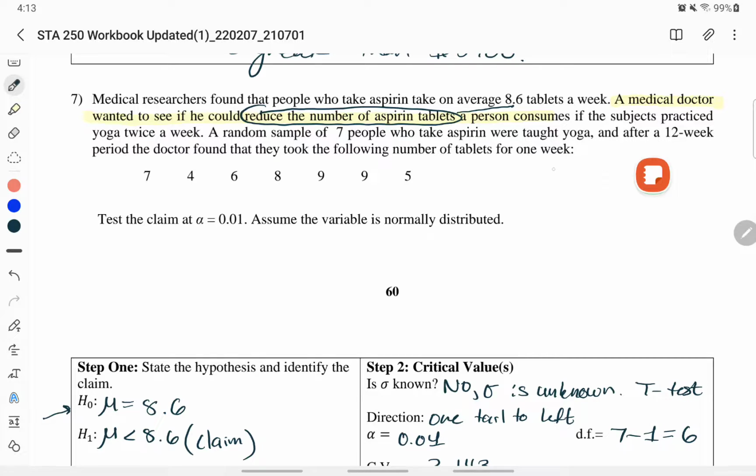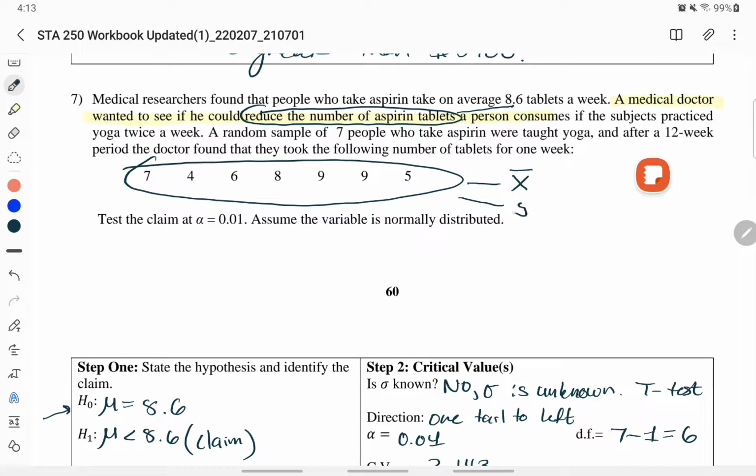We are not given a standard deviation at all. But we are given a data set. And based on this data set, we can find the sample mean, which is X bar. And based on this data set, we can also find the sample standard deviation. Just like we did for question number 10 in confidence intervals.